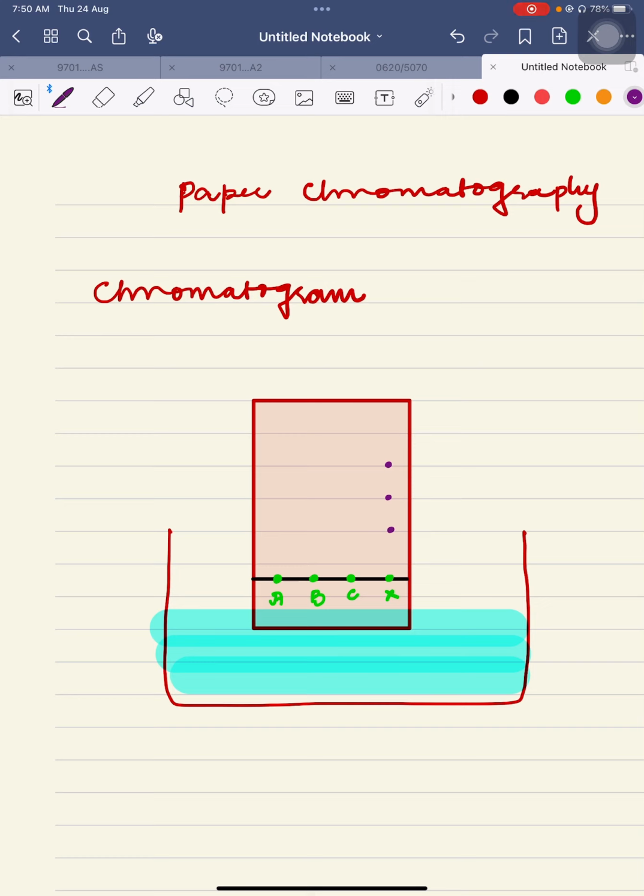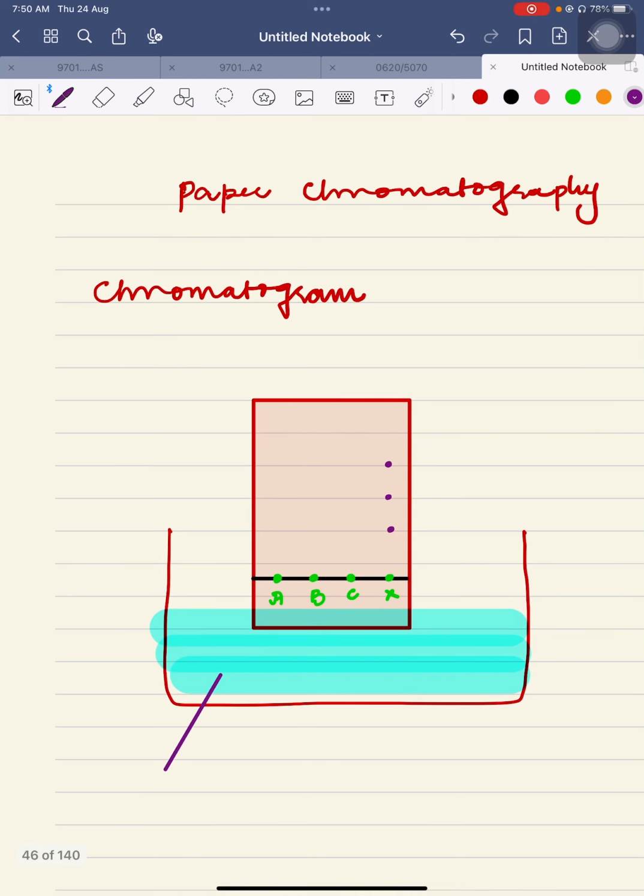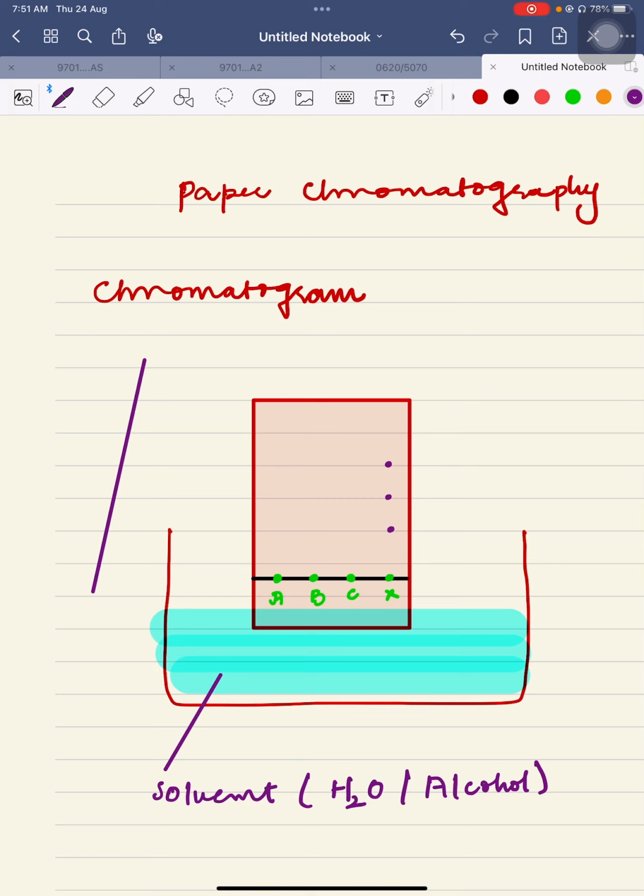I'm labeling this completely. This is the solvent, and this solvent can be either water or alcohol. In both cases you are going to cover this whole setup with a lid. Why with a lid? Because without a lid the solvent can evaporate.